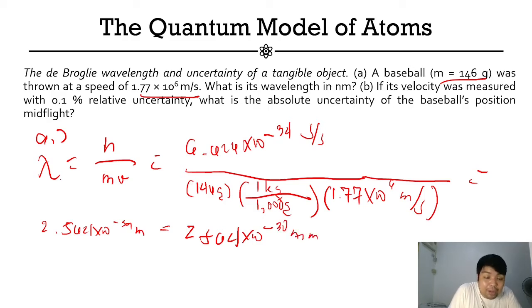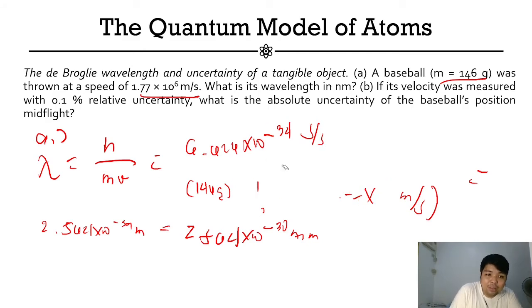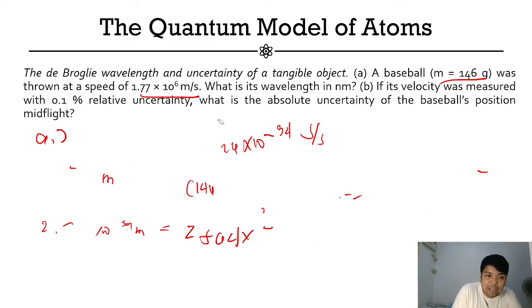That is pretty small in relation to a baseball bat with a diameter of, let's say, 3 or 4 inches. That's pretty small. Okay? So we now have the de Broglie wavelength. I'll list it down here.